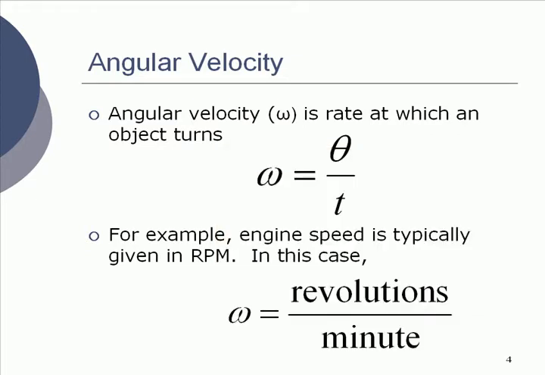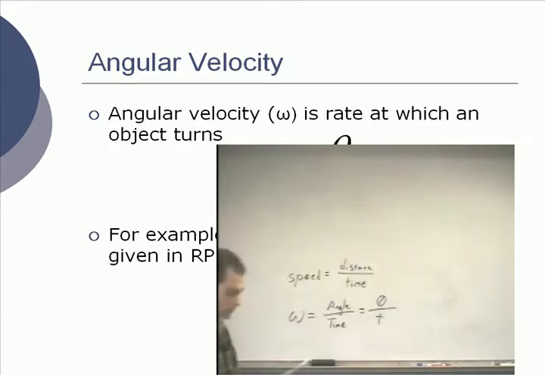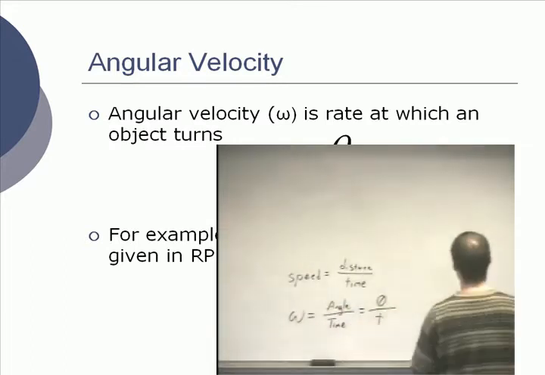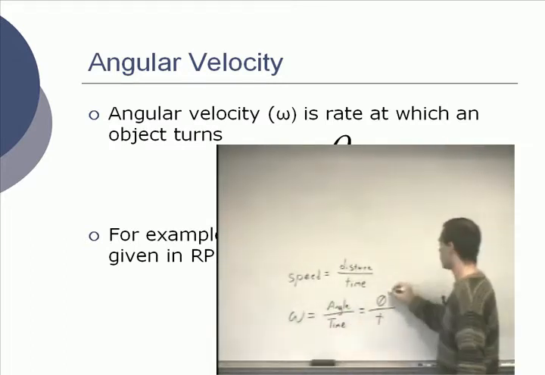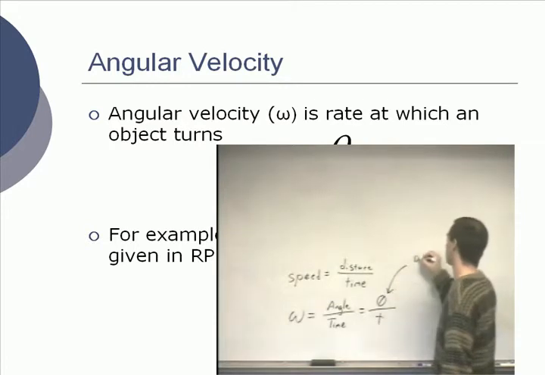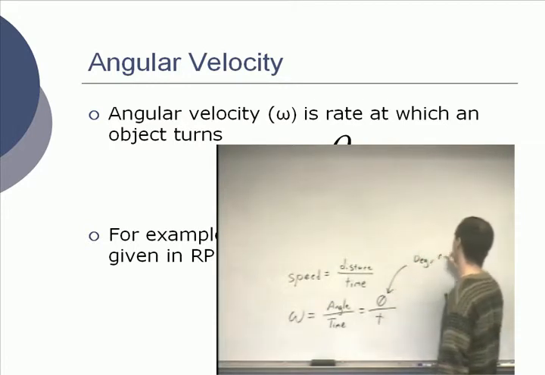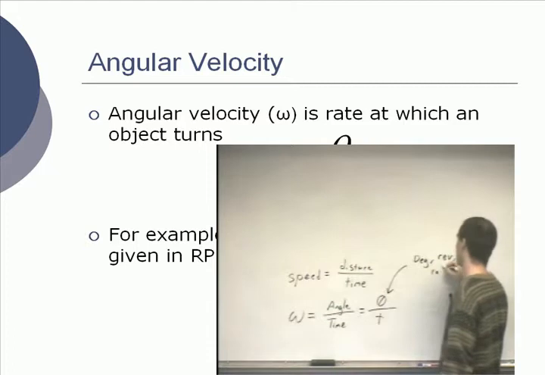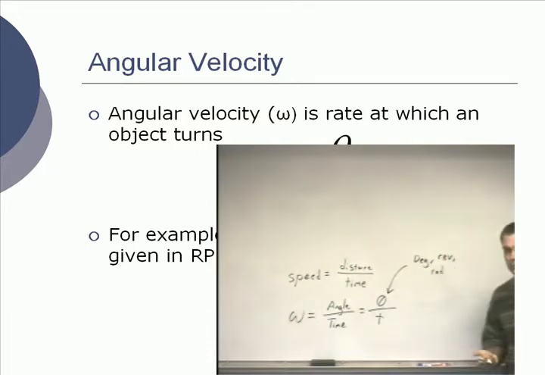And the most common one that you are familiar with is revolutions per minute. That's an example of angular velocity. It's the rate at which something is turning. Theta will always have units of degrees, revolutions, or radians. Got to be one of those 3.